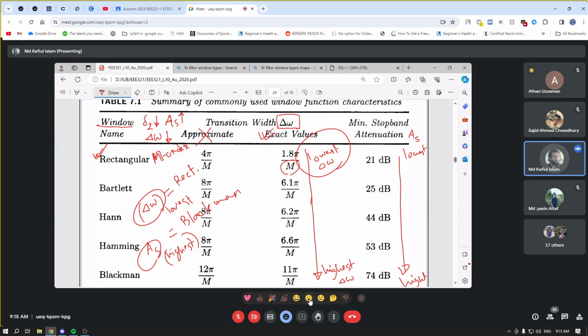You cannot have the best stop band attenuation and at the same time the best transition bandwidth. You have to compromise the other if you want to win for the first one. And it depends on your application and requirement. So let's see an example now.